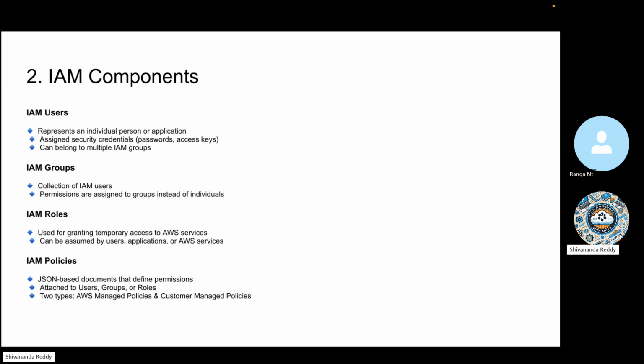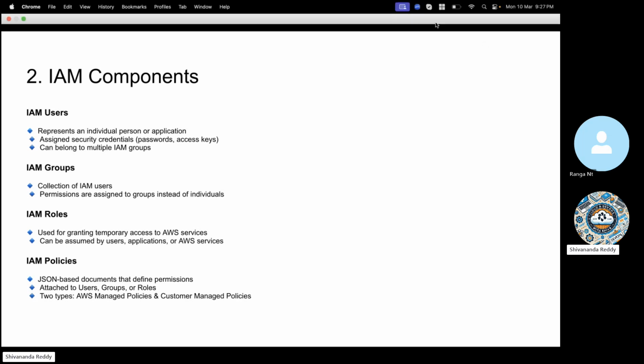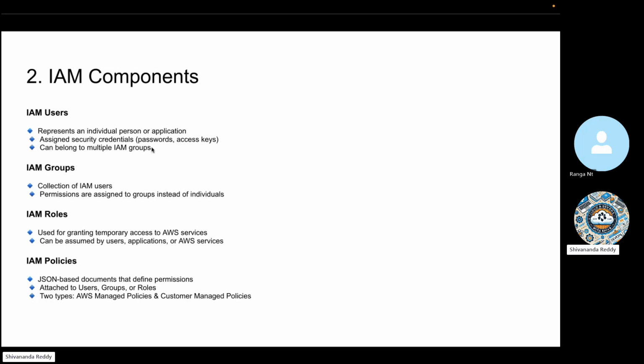Why are passwords and access keys required? Passwords are used to log into the GUI, the graphical user interface, but access keys and secrets are used for the CLI, the command line interface.